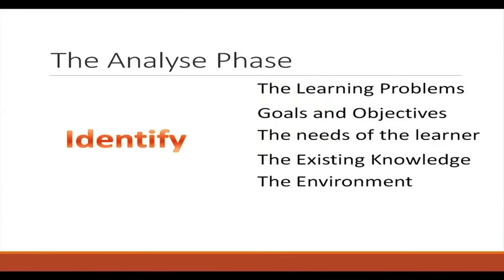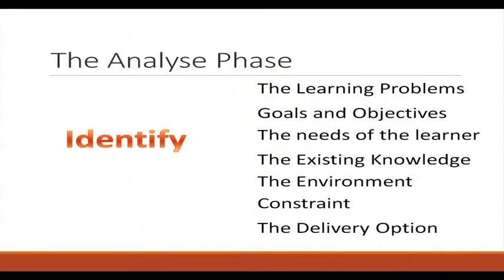The existing knowledge, you have to identify. The environment, you also identify. Different constraints are there, you have to identify those constraints, and the delivery options. In the analysis phase, you have to identify all these things.